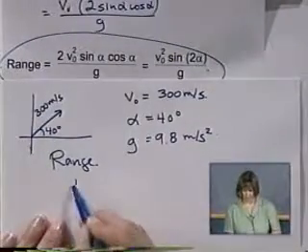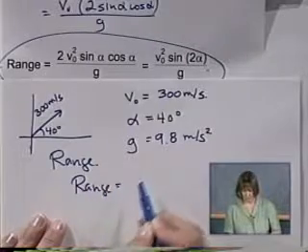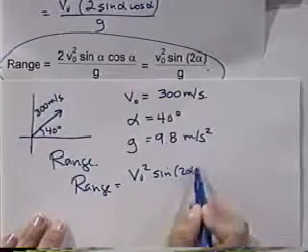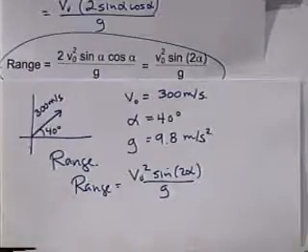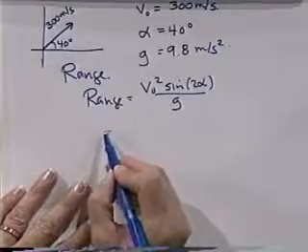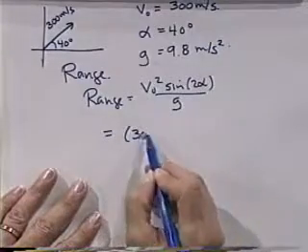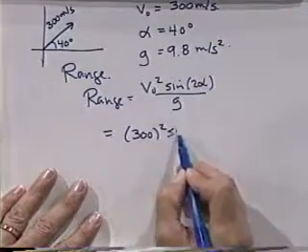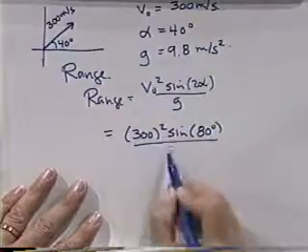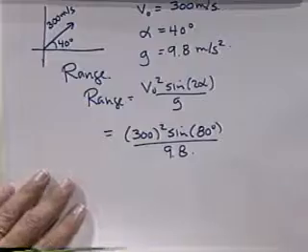Copying my formula for range right here, my range is equal to v naught squared sine of 2 alpha over g, and plugging that in, my range is going to be 300 squared times the sine of 2 times 40, which is 80 degrees, divided by 9.8.